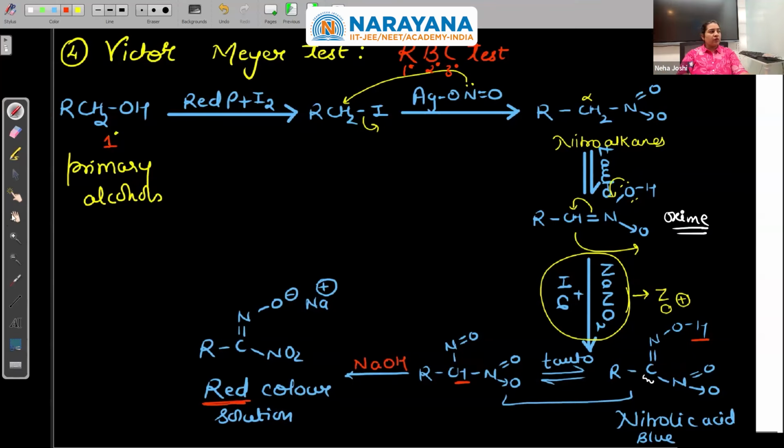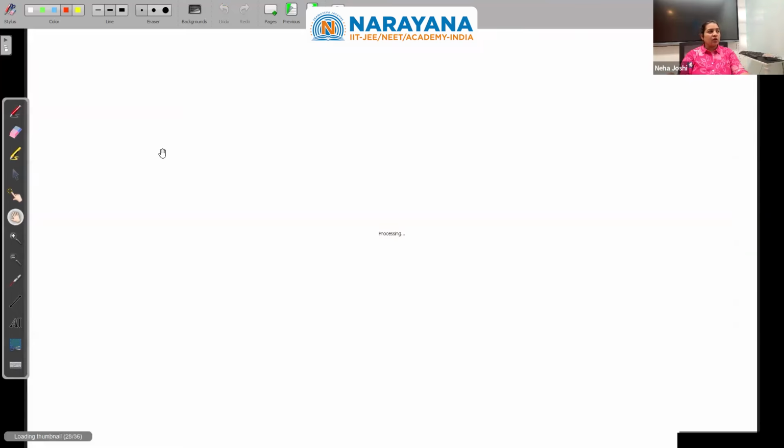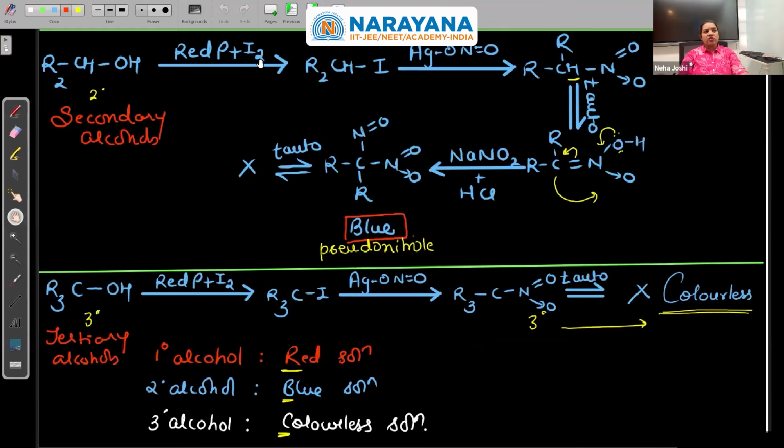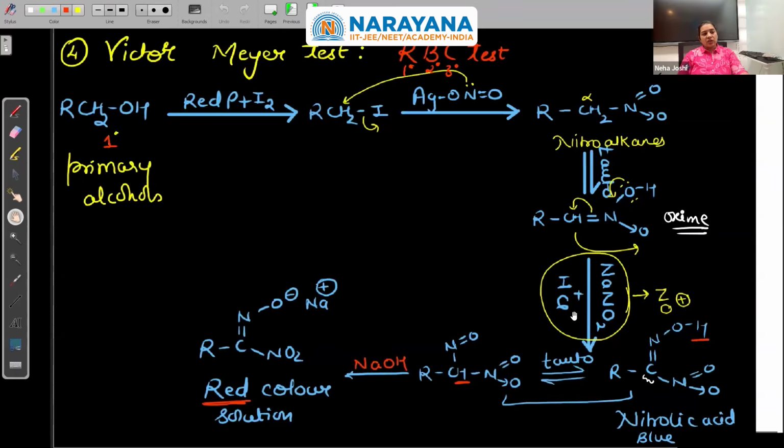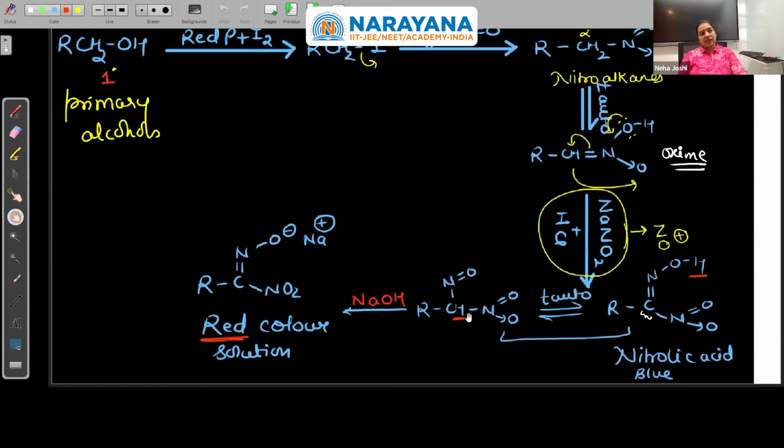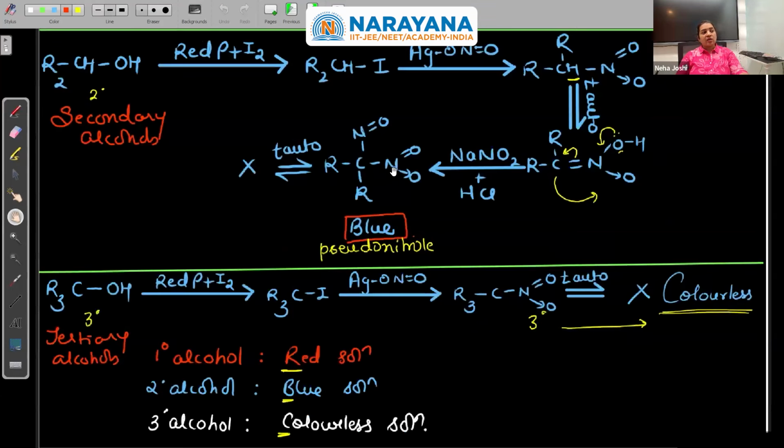Okay, moving further. This was 1 degree alcohol, but with the same sequence: first red phosphorus and HI, then AgNO2. Till there I got nitroalkane. I also got oxime, but now once attacked, I don't have that acidic H. Here I got nitrolic acid, as that acidic H was available, so I was referring to it as an acid, whereas here I don't have that acidic H. So there is no tautomerization.